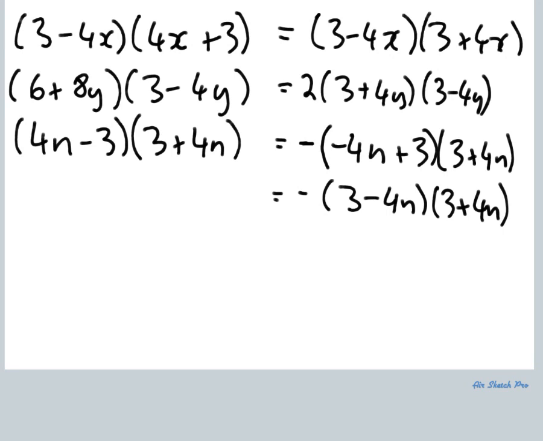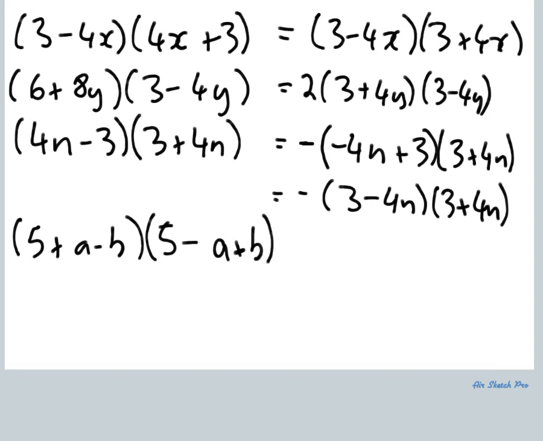And the last one I wanted to show you was a bit of a similar sort of thing to the last one, which is if I have, I want to make sure I get it right, 5 plus a minus b times 5 minus a plus b. Now, on the surface, it looks like that cannot be expanded using dots.